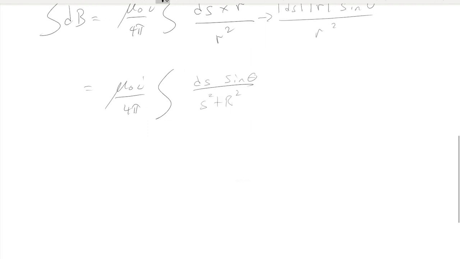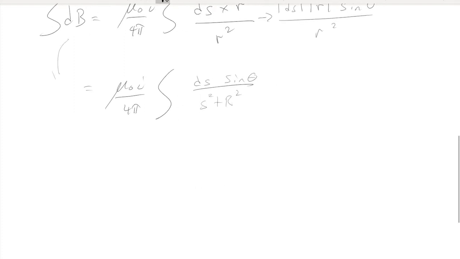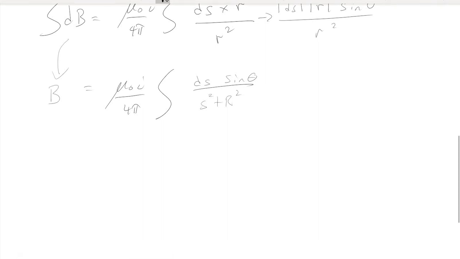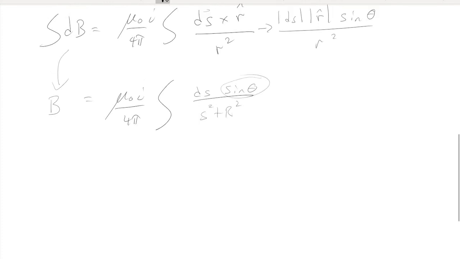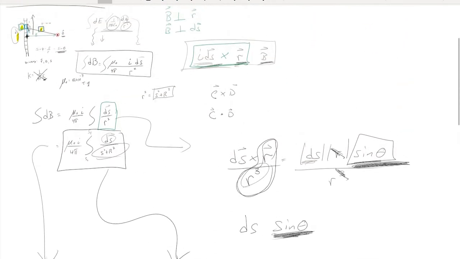Again, it still looks like we're integrating with respect to s, so we'll put in those limits a little bit later. Let's just go ahead and integrate the left-hand side of the expression. When we add up all the individual magnetic field lines, we're going to get B. But now we have to figure out what we're going to do with that sine theta, because theta is a variable in our expression.